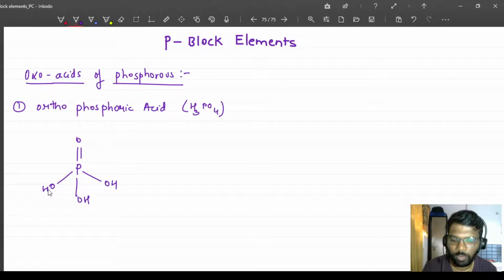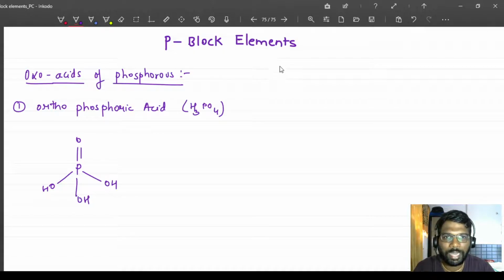Now, what is the meaning of oxoacid? Why are these called oxoacids?